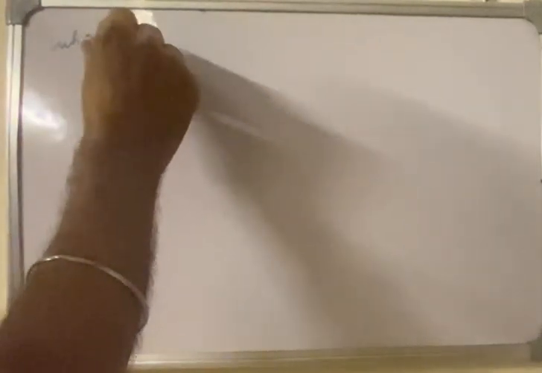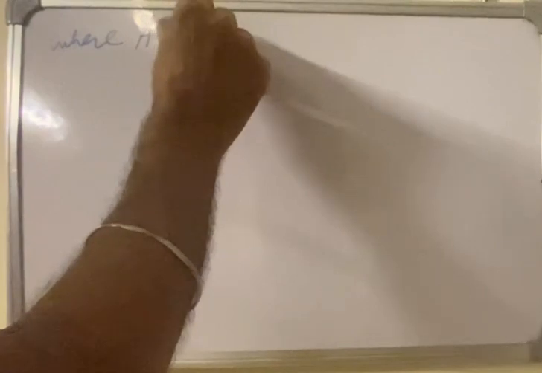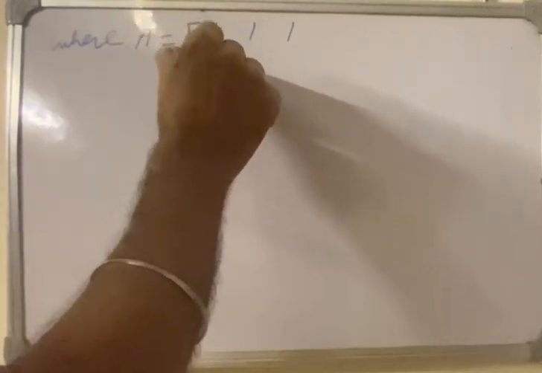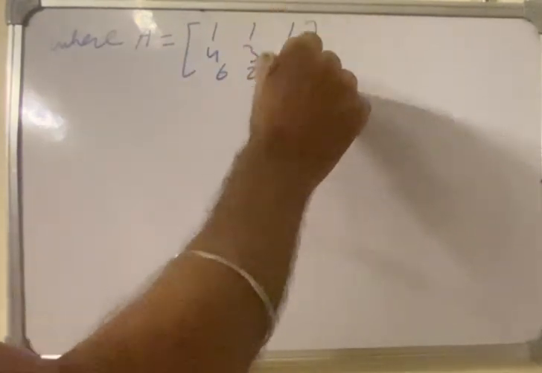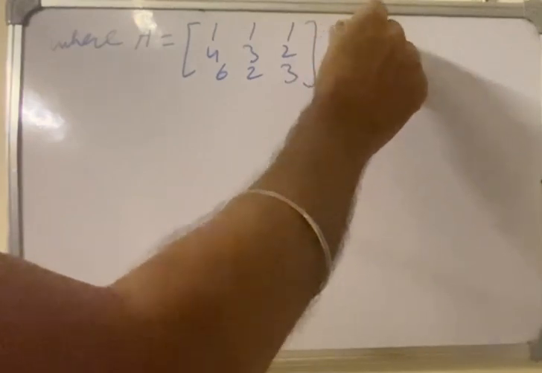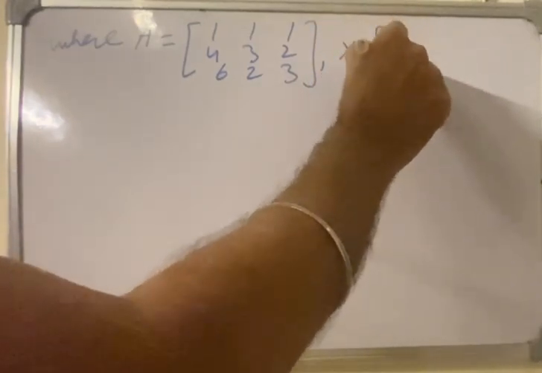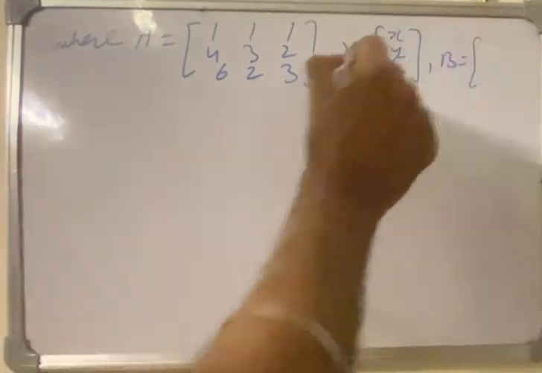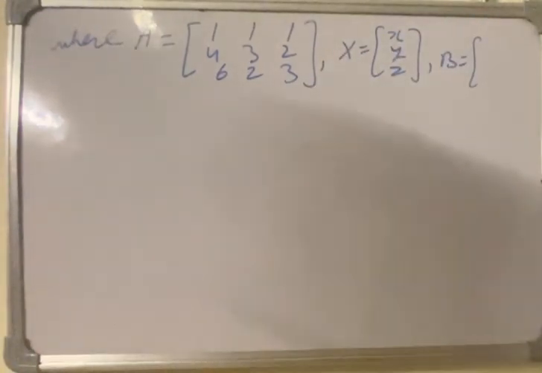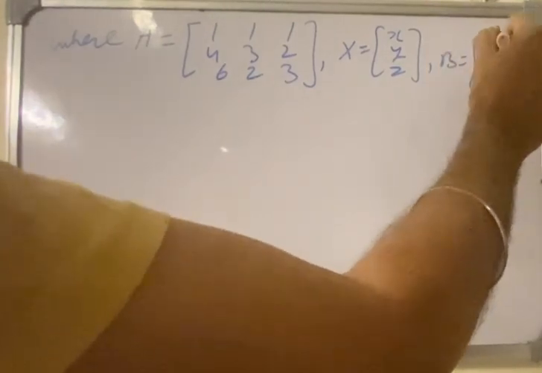where A is equal to coefficient matrix 1, 1, 1, 4, 3, 2, 6, 2, 3. X is a column variable matrix x, y, z, and B is a constant column matrix 21, 60, 70.